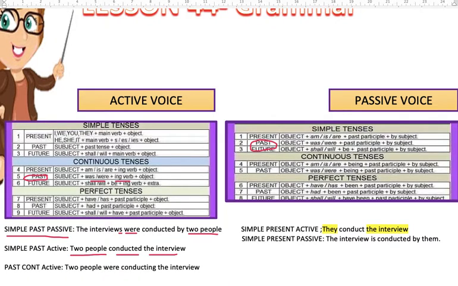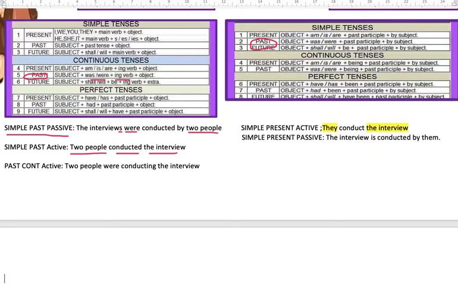Okay, now we want to make it past continuous passive. Take it from here. Object was, were, being plus participle by subject.